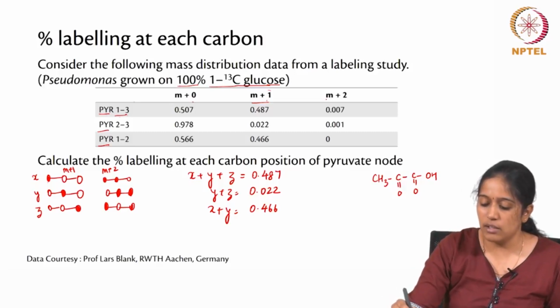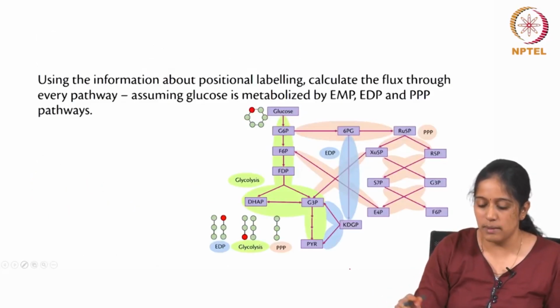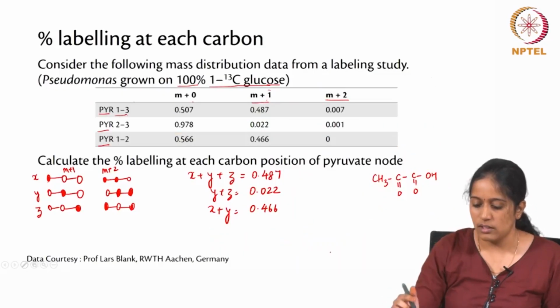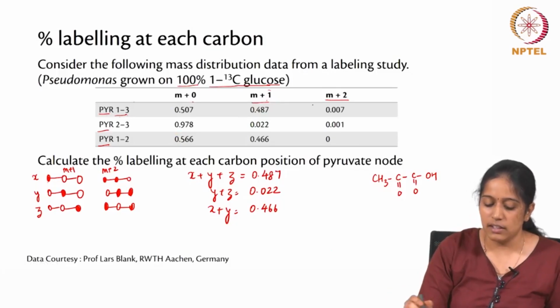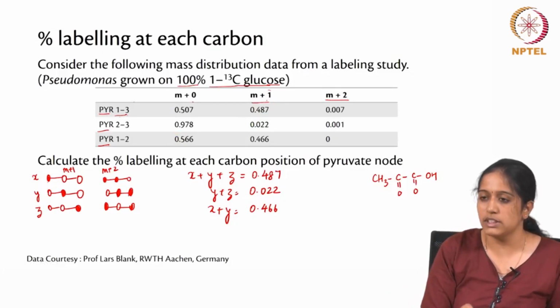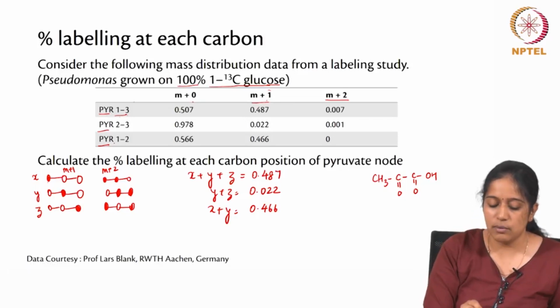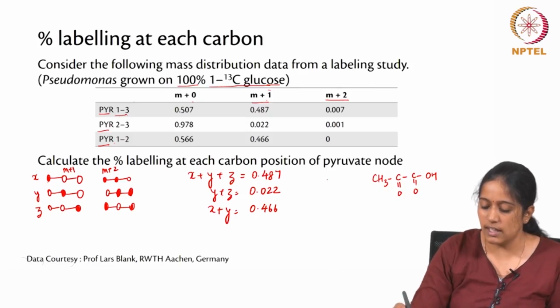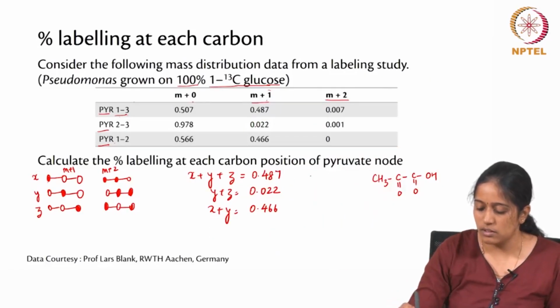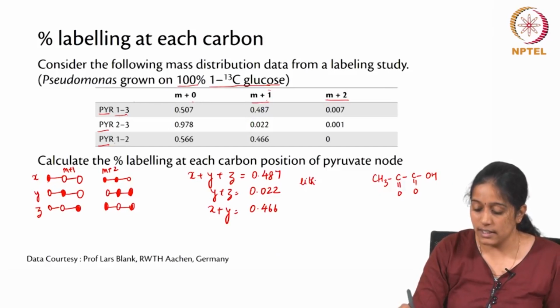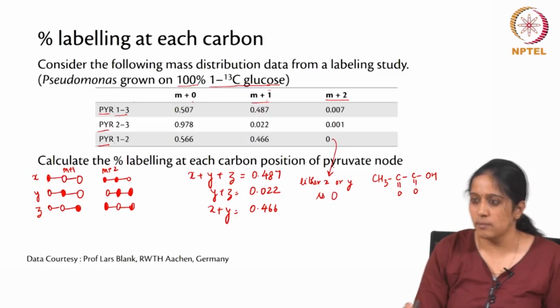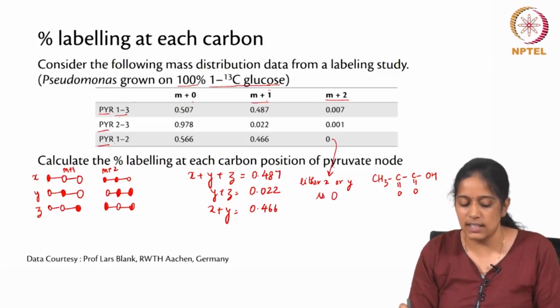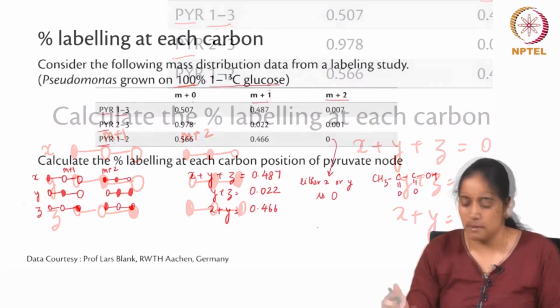And if you now take a look at m plus 2, that means you have 2 positions that are labeled. If you look at 1 comma 2, you see it is 0, which means from this data either x or y is 0, because the first is x and the second is y, right.